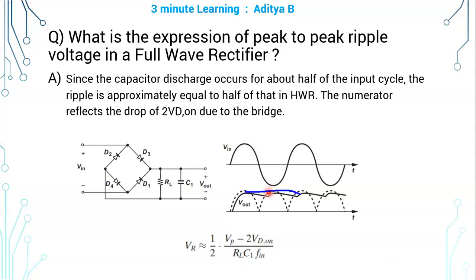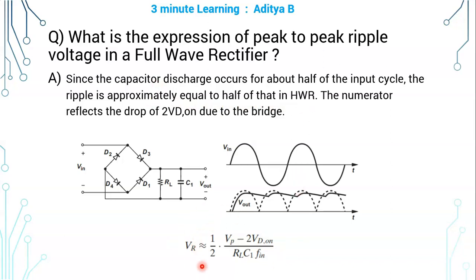But coming to full wave rectifier, the discharging is happening only for half of the half cycle. Since the capacitor discharge occurs for about half of the input cycle, the ripple is approximately equal to half of that in half wave rectifier.